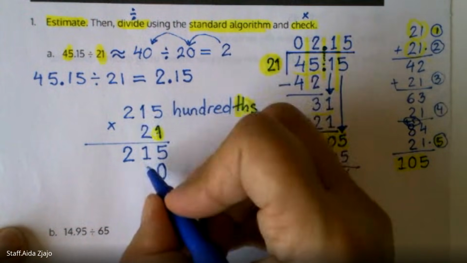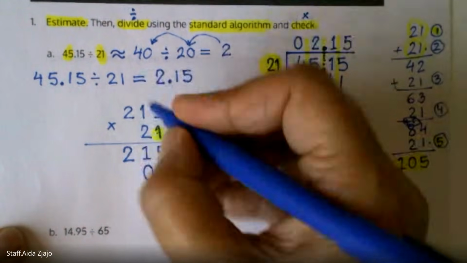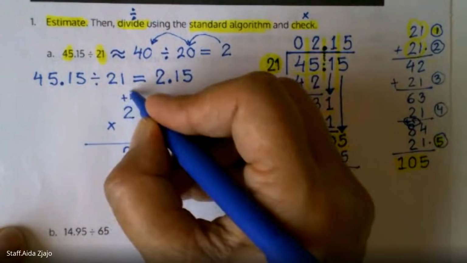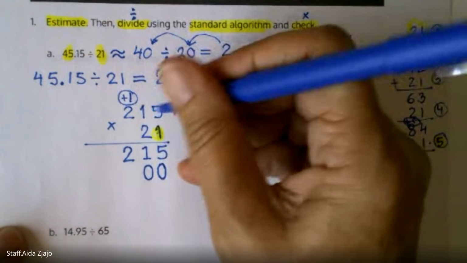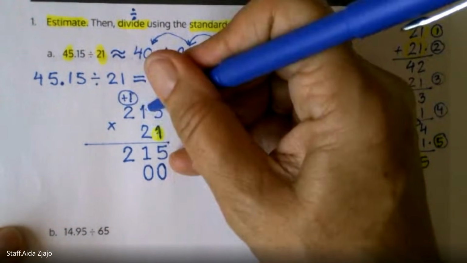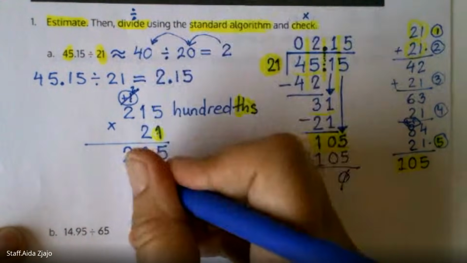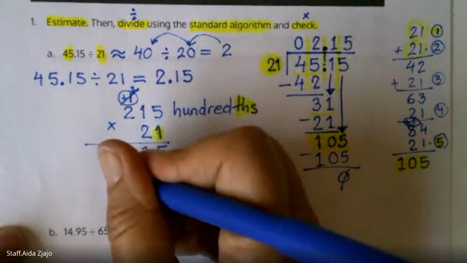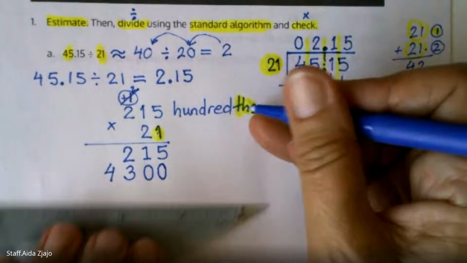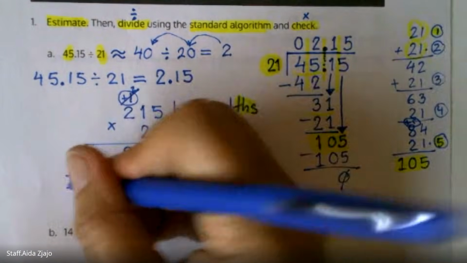2 times 5 is 10. Or 20 times 5 is 100, but I made 2 times 5 is 10, so I need to add one more. 2 times 1 is 2, plus 1 is 3. And then 2 times 2 is 4. Okay, let's underline and add.